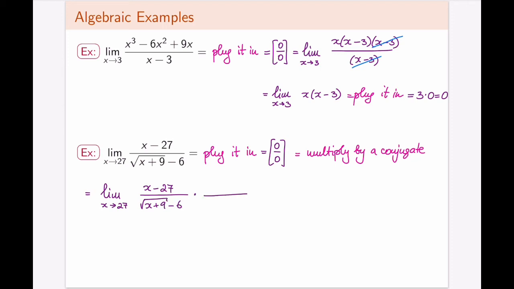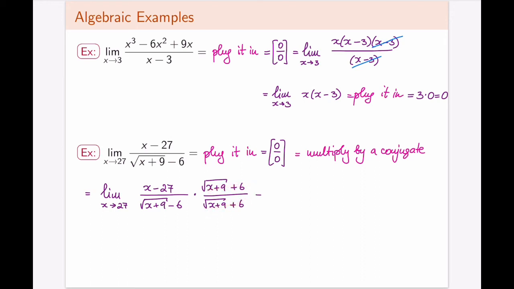And then I'm going to multiply this entire thing by the conjugate of the denominator. So square root of x plus 9, and the conjugate means that the sign between the two terms is changed, so plus 6. But of course, I would like to keep writing equals all over the place. So if I multiply by something on the bottom, I need to multiply by that same thing on the top. So essentially, I'm actually just multiplying by 1.